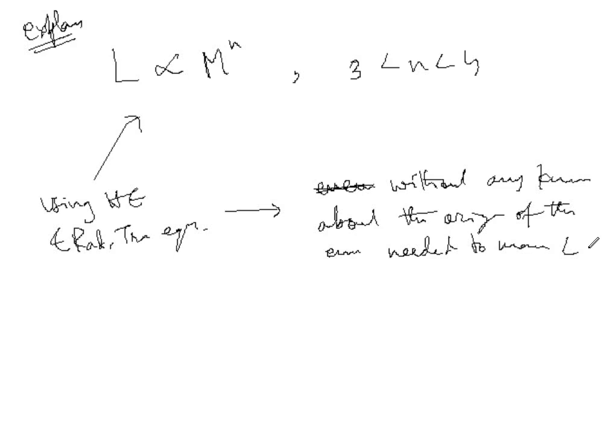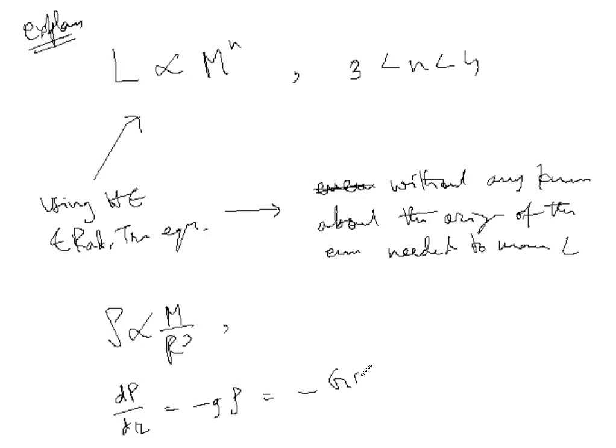Generally, we can say that on average the density must be proportional to the mass divided by the volume of the star. That is, rho is proportional to m by r cubed. Now what about hydrostatic equilibrium? It demands dP/dr is equal to minus G m by r squared into rho.